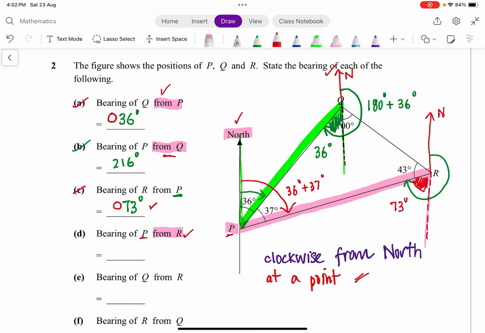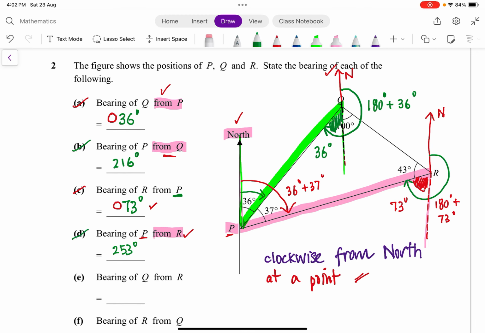Therefore, to find the bearing of P from R, all I need to do is take 180 degrees and add 73. Putting this together, this will give us 253 degrees. So part D is done.